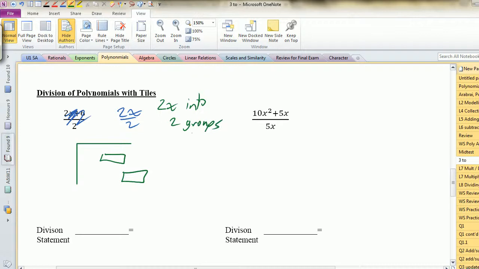It's easiest for division to put the divisor on that side. So how can we arrange those x's into two groups? Well, one on top of the other, so they match up lengthwise with the 1 tiles.